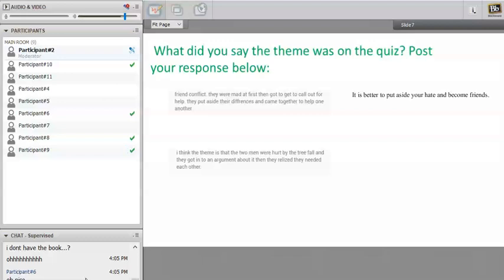So we've got friend conflict. Now that's a great topic sentence, and then the person went on to explain what was happening in the story specifically, right?